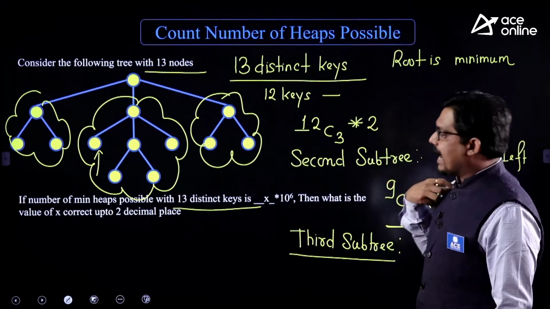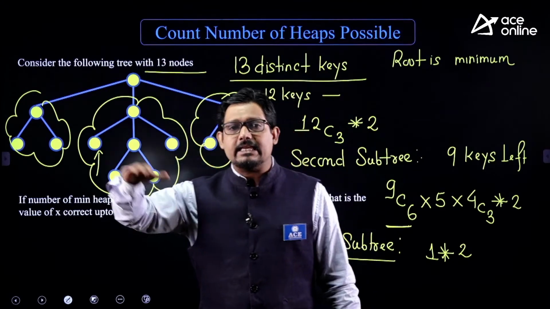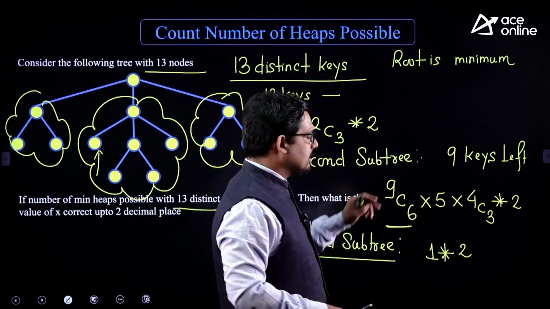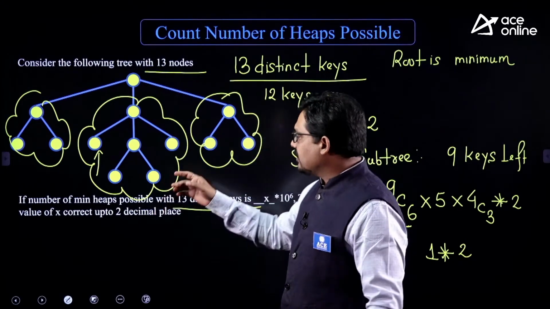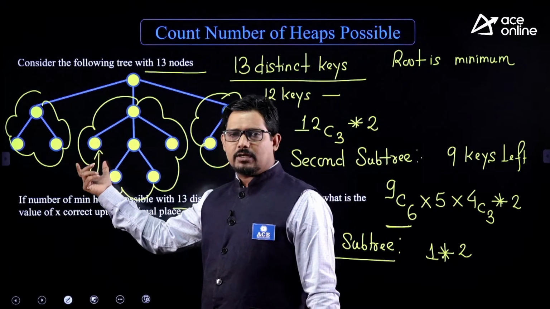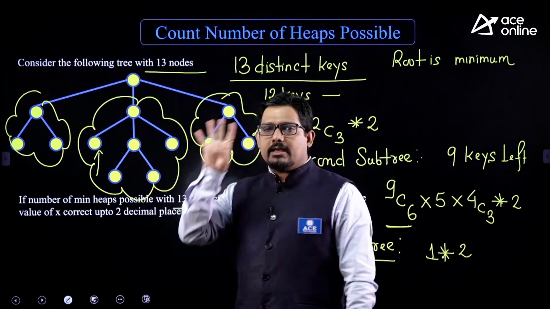How many remaining? 9. How many selections? 6, so 9C6. Among them, 1 becomes the root, the remaining is 5, so the number of selections for this is 5 ways. Remaining is 4.